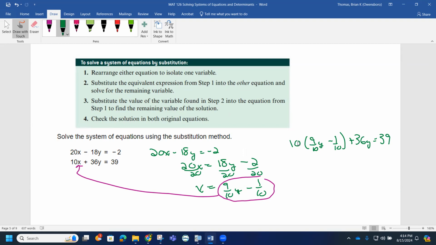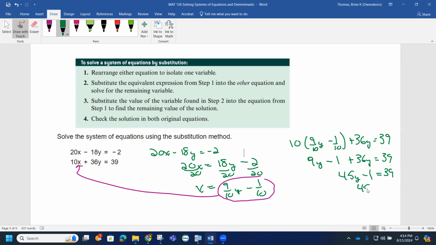So 10 times 9/10 y, the 10s cancel out and it's a 9y. Again, 10 times -1/10, the 10s cancel out and give me a -1, plus 36y equals 39. The y's can combine together and give me a 45y minus 1 equals 39.